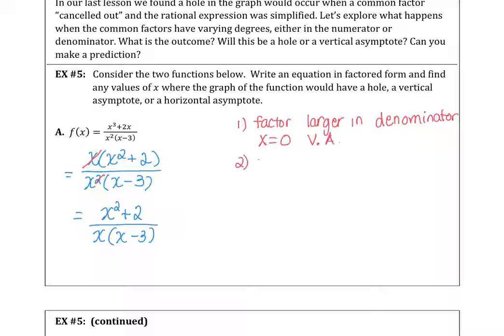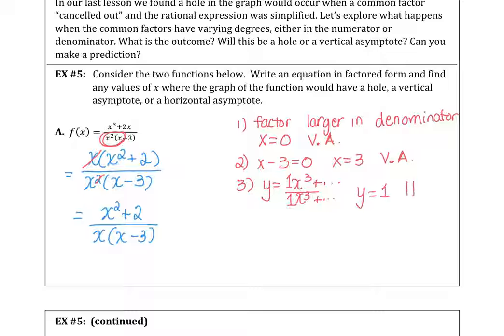Second, we know that x minus 3 equals 0, so x equals 3 is a vertical asymptote. A third thing we know is we have x cubed over x cubed with some other stuff. So that tells us the powers are the same and the ratio is 1, so y equals 1 is the horizontal asymptote.